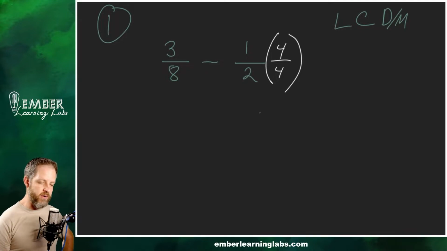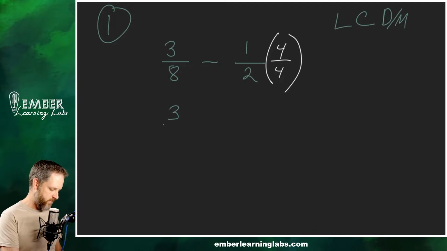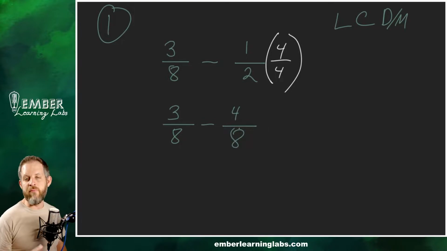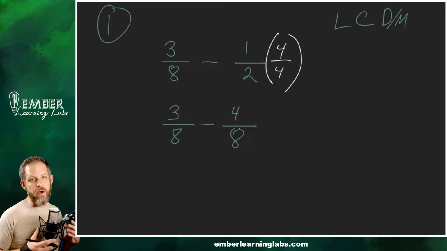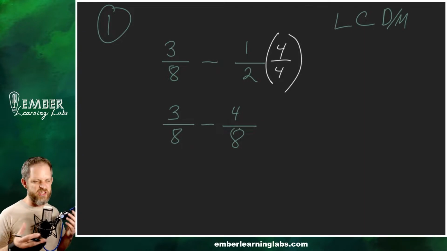So there we go. Now this turns into 3/8 minus 4 times 1 is 4, so 4/8. This is not a bad problem. And if you're good at these, you can probably do this one in your head. Again, the point is more how to do it and just dust off that cobweb.